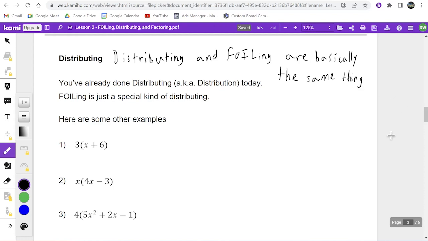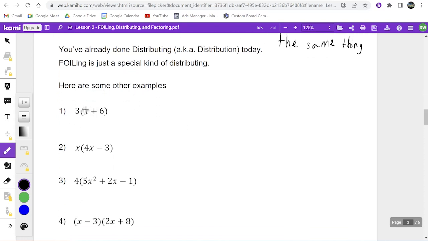Foiling is just a special kind of distributing, and I'll show you what I mean when we get to number 4 in a second. But right now, I just want you to remember that whenever we do this multiplication with all these factors and the parentheses, you need to make sure you do every combination once.